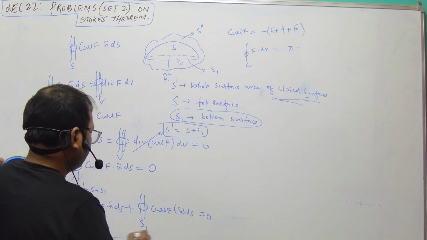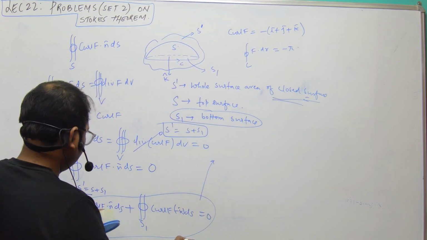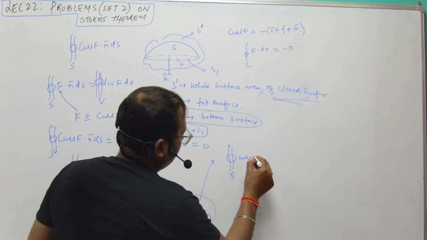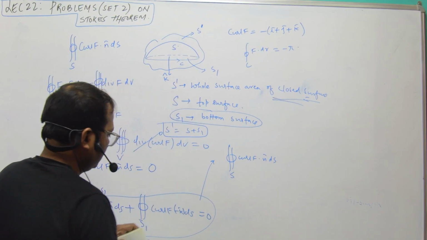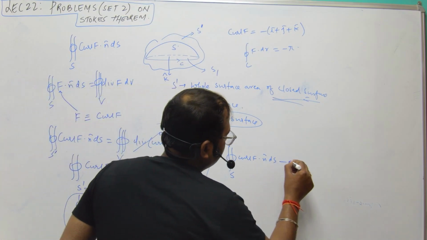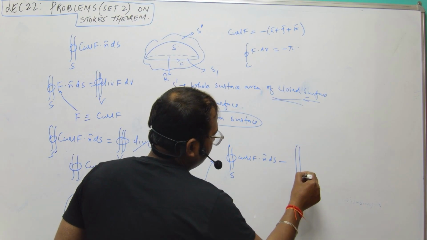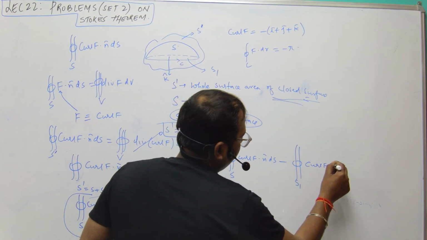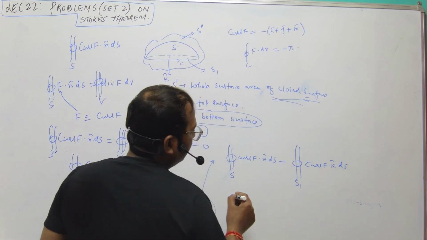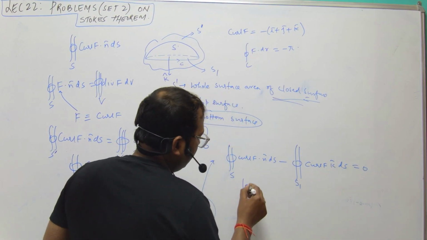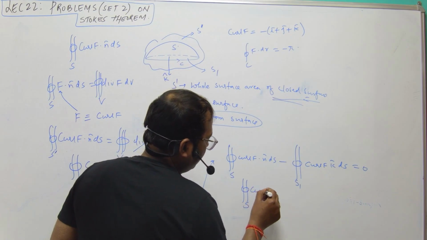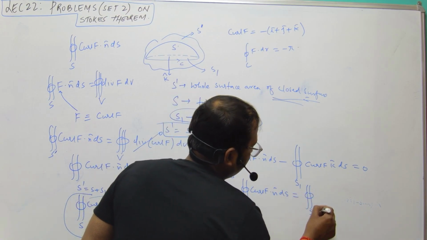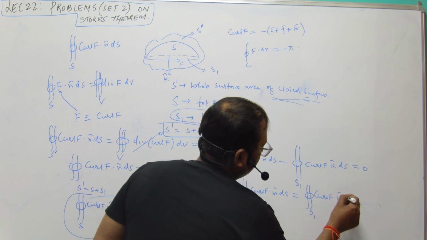So the integral along S of curl of f dot n cap ds is equal to minus the surface integral along S1 of curl of f dot k cap ds. So along the surface S, curl of f dot n cap ds is equal to the integral along S1 of curl of f dot k cap ds.